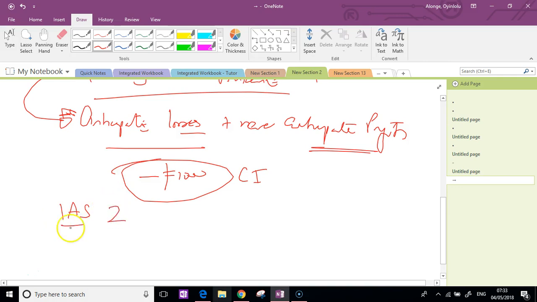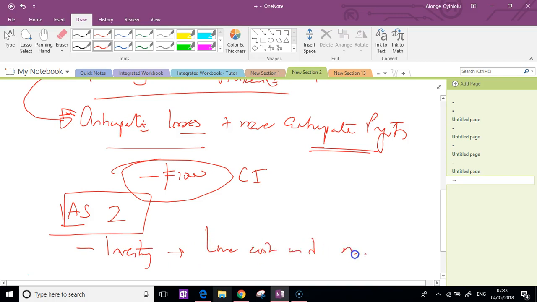So this concept of prudence is also now subsumed in the international accounting standard, IAS 2, which says that what we do with inventory is we always recognize inventory at the lower of cost and net realizable value. So if you have 10,000 and the net realizable value is actually 15, we recognize it at the lower, so leave it at 10.